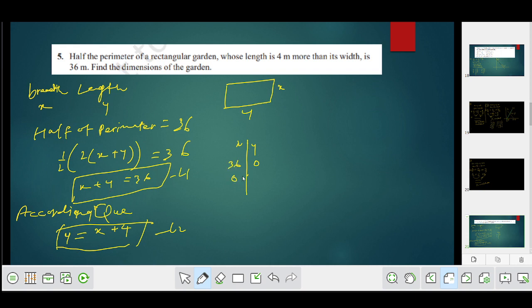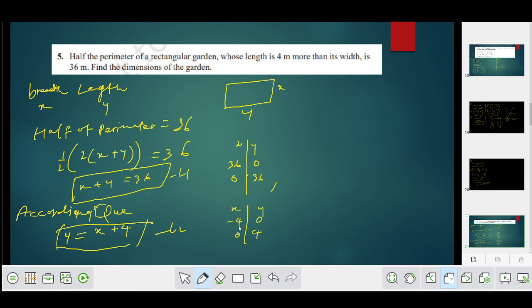If we put x equal to 0, y is 36. This is for equation 1. For equation 2, if we put y equal to 0, x equal to minus 4, and if we put x equal to 0, y will be 4. Okay.